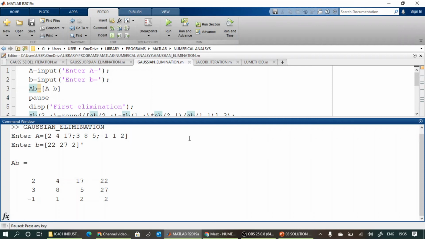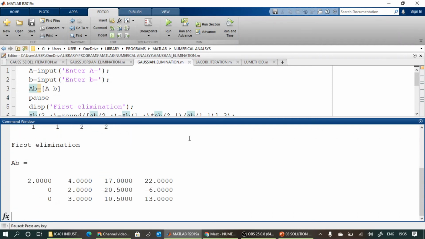So now after first elimination: 2, 4, 17, 22. First row is not changed. Second row is 0, 2, minus 20.5, minus 6. Third row is 0, 3, 10.5, 13.